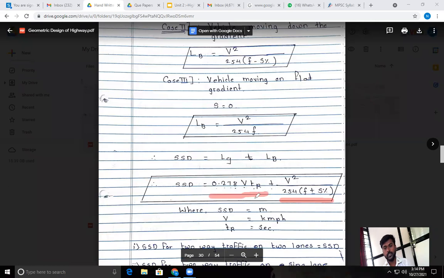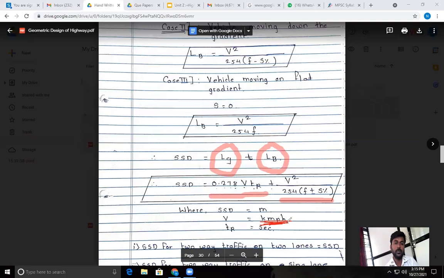This is for lag distance, that is LG, and this is the braking distance, that is LB. Lag distance plus braking distance. And this formula is when the velocity is in kilometer per hour, kmph.